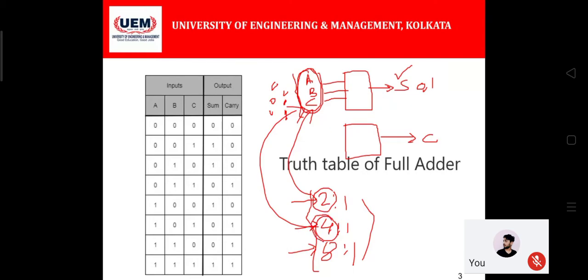I go with 4. But there is a problem: when I go with 4, what will I provide in the fourth input? The 3 inputs I can accompany by providing A, B, and C. But what about the fourth input? Not only that, if I am using a 4 is to 1 multiplexer, there are another 2 select lines that are also present. So apart from these 4 input lines, there are 2 extra select lines that also need to be provided with some sort of signal so that the multiplexer can operate properly.